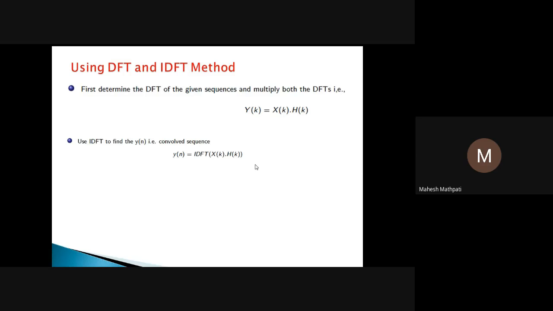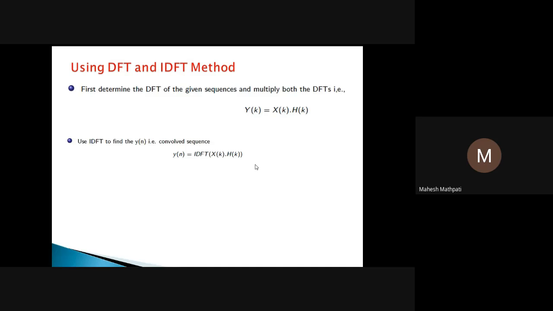As given, x1 of n equals what? Can anyone read the question? 4, 3, 5, 2, and x2 of n equals 3, 4, 1, 2.